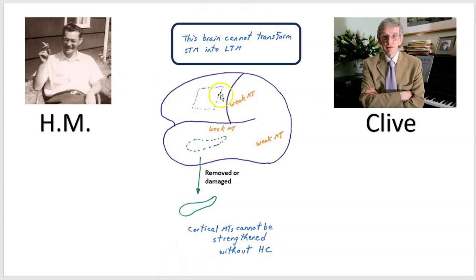So the brains of HM and Clive, they can go through the world and have experiences and learn things in a sense. Their brain is responding. The cortex is making weak memory traces, but they will be unable then to retrieve that information. And over time, they will be unable to strengthen those cortical memory traces, so they will appear to us as being incapable of learning anything new.